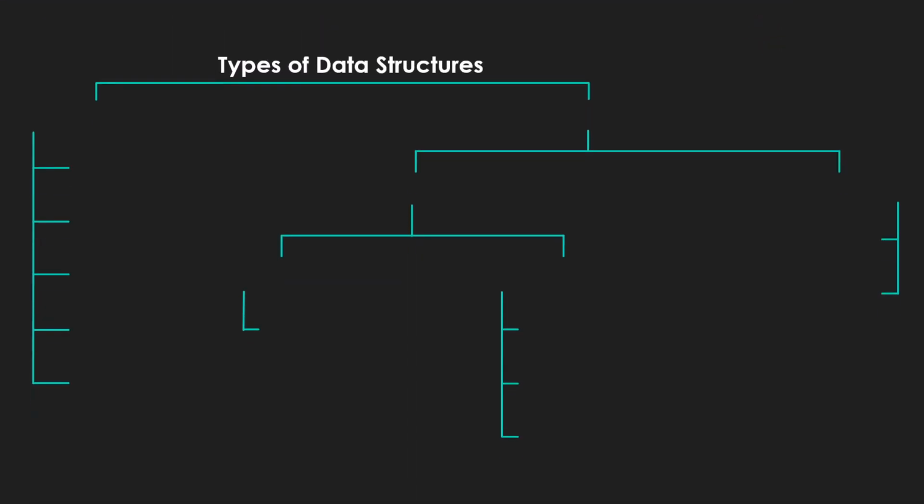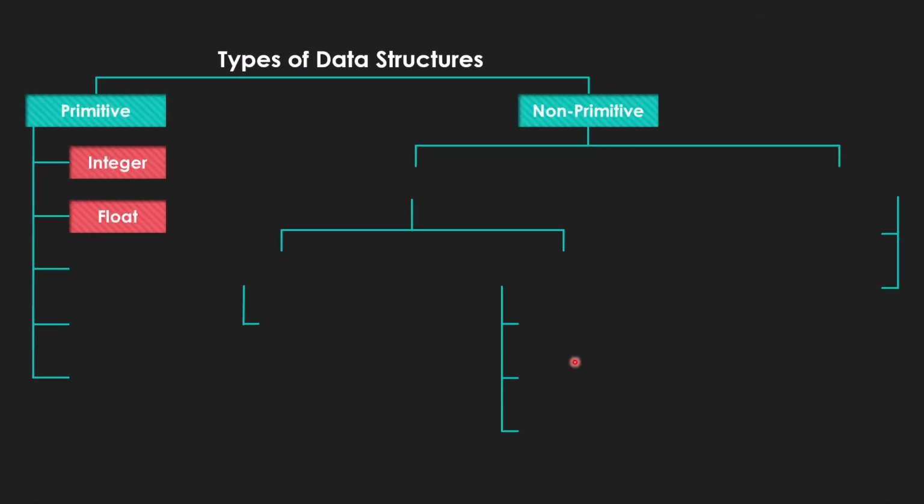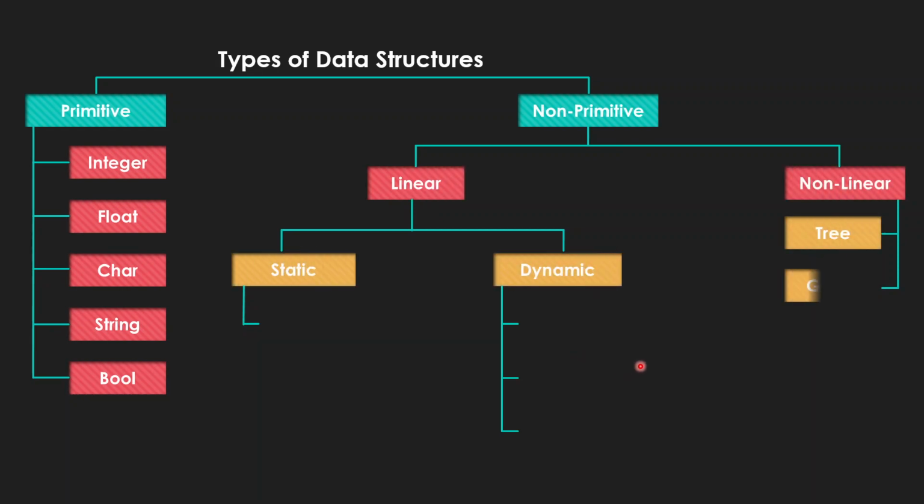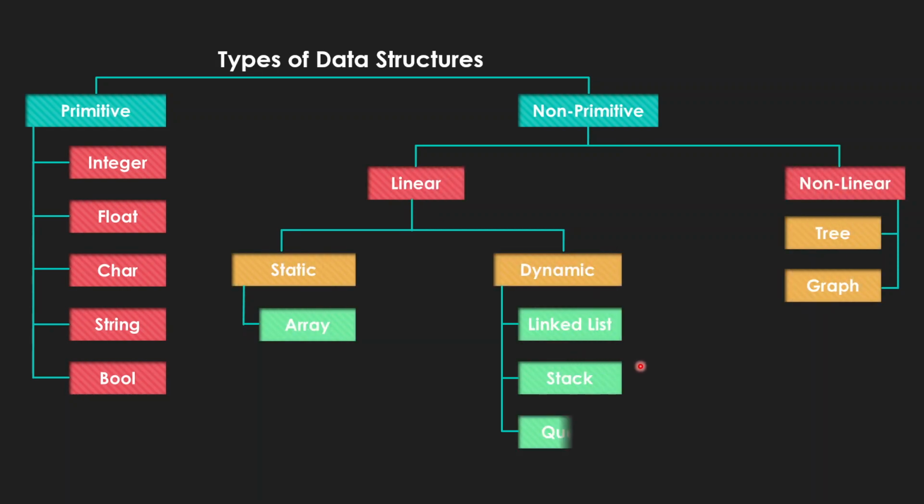So let's move on. And just as a reminder, the queue data structure is a linear and dynamic data structure, as we can see right here. And it's actually the last linear and dynamic data structure that we're going to look into.